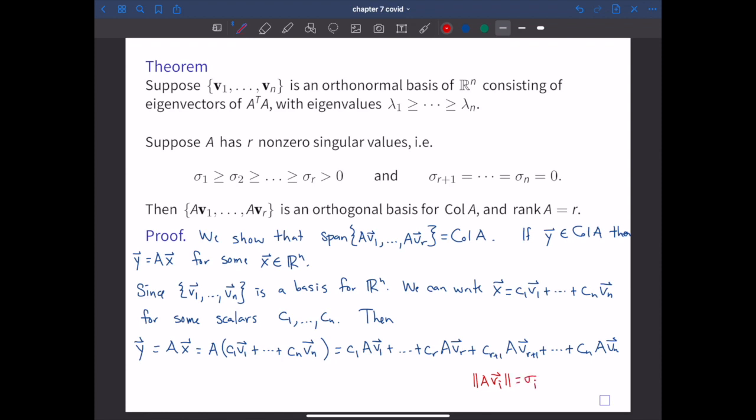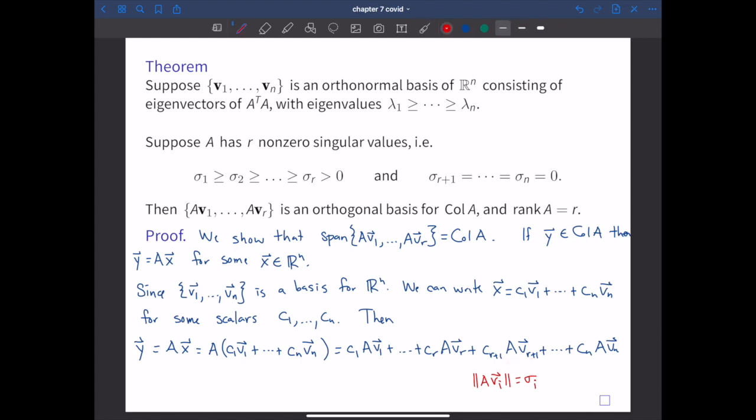If we go back to our assumption, we're assuming that every singular value after the rth singular value is equal to 0. So the length of this vector here is just equal to the (r+1)th singular value, but we assumed that the (r+1)th singular value is equal to 0.